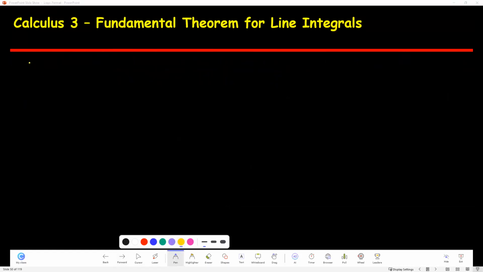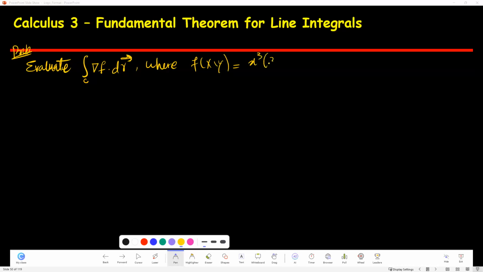Another problem here. Evaluate the integral of F dot dr where F(x, y) equals x cubed minus y plus 4y, and C is my curve, by the way.